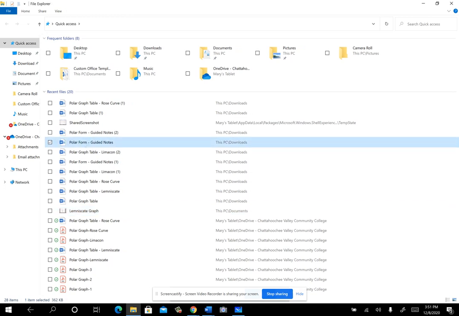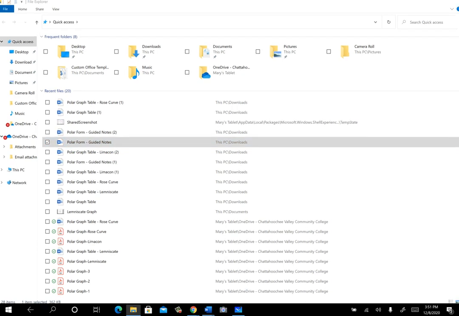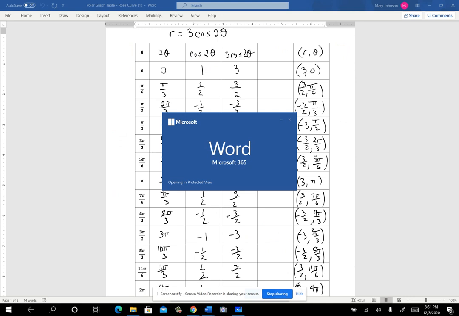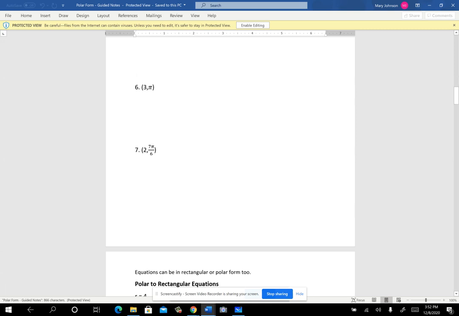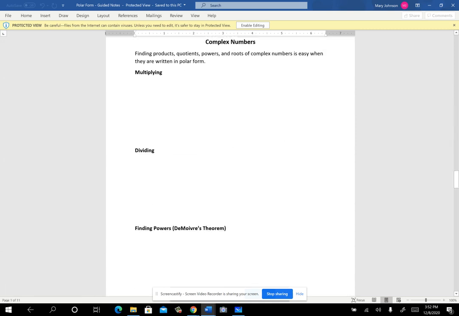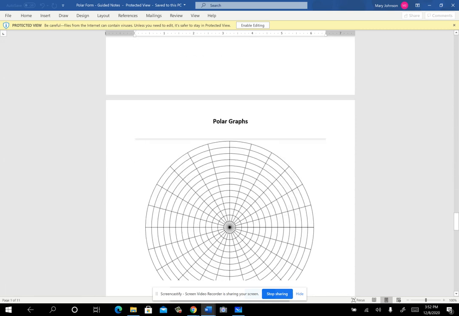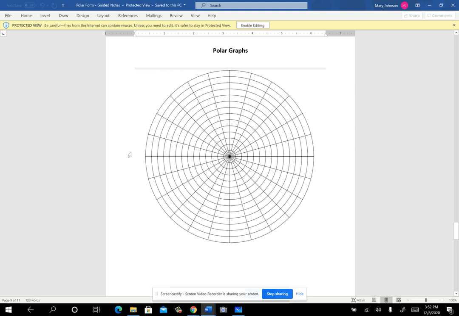All right, let me see if I can just grab a piece off the back of that packet. Okay, so I'm just going to snip one of these that's better drawn than my hand-drawn one.